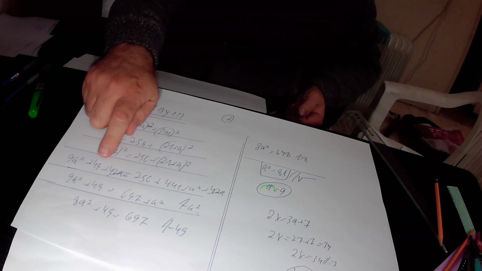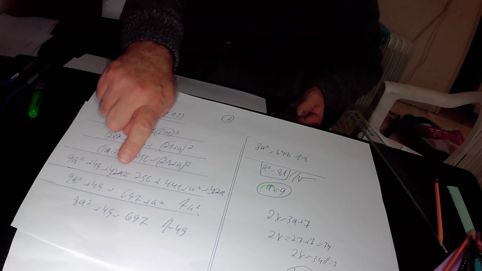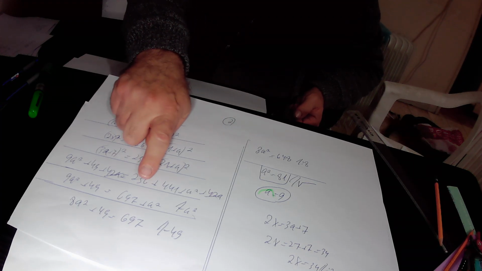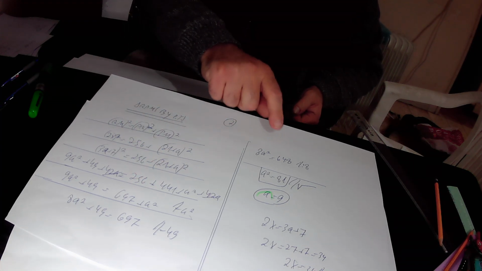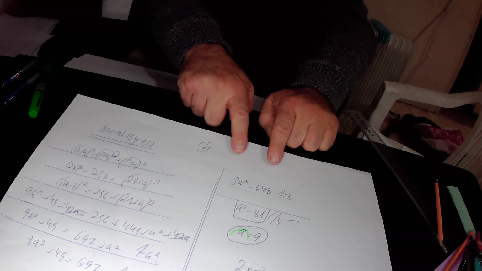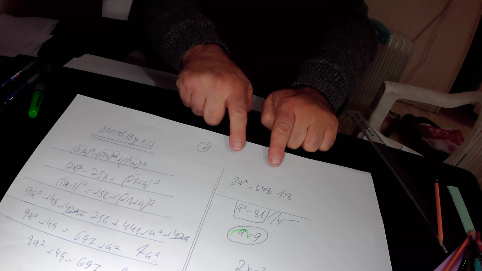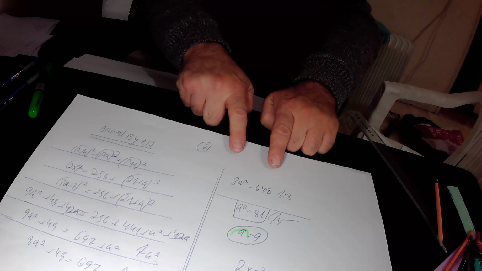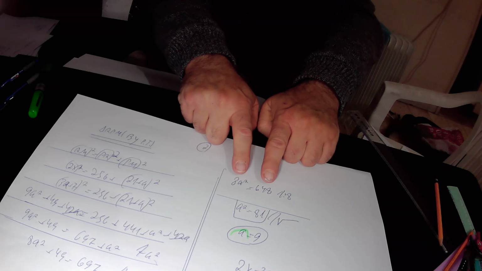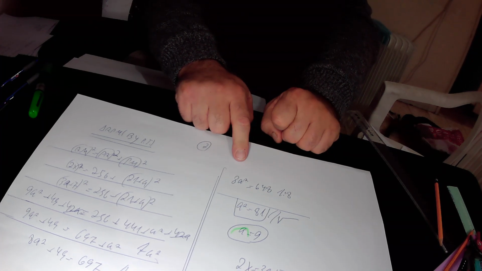Here we subtracted 49 and found that 8a squared equals 697 minus 49, which is 648. Here we divided by 8 and found that a squared equals 648 over 8, which is 81. Taking the square root, we find that a equals the square root of 81, that is 9.